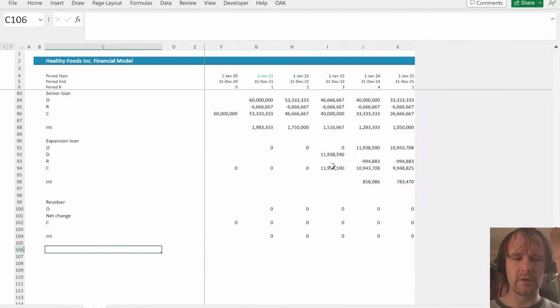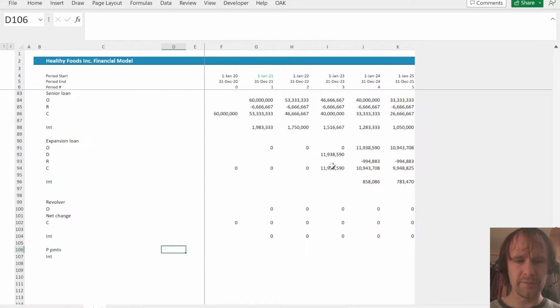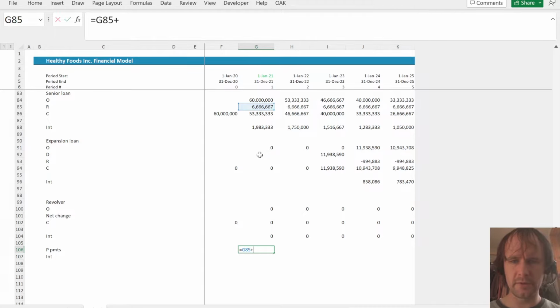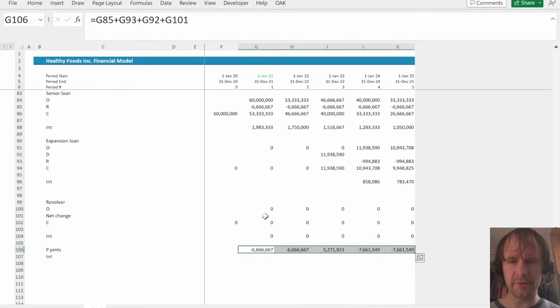Okay, so now I just want to sum up my principal payments and my interest. So my principal payments is this plus this plus, actually I guess what I really want is my principal change. So I'll take both of those plus, because I'm thinking about this for my cash flow statement.